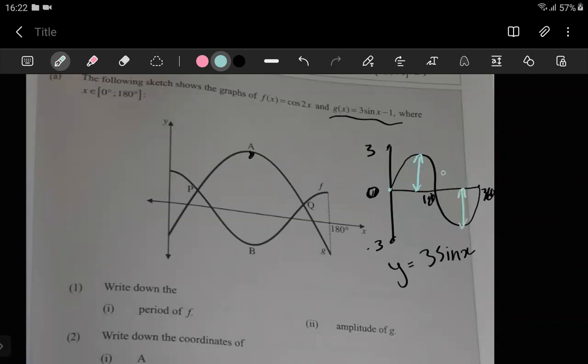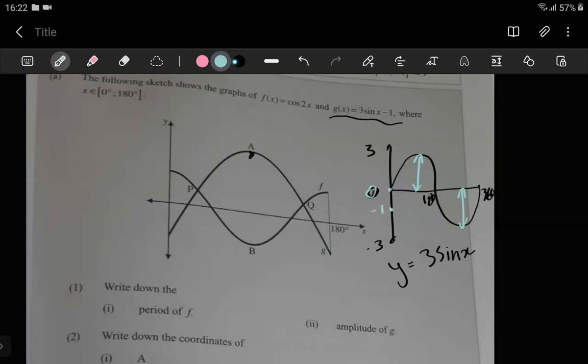Fine. Now the idea is, this is telling us that this same image was moved 1 unit downwards. So if this same graph was moved 1 unit downwards from 0 to 180, we're going to be seeing a picture like this one, because instead of cutting the x-axis at 0, it's going to cut it down here at -1.